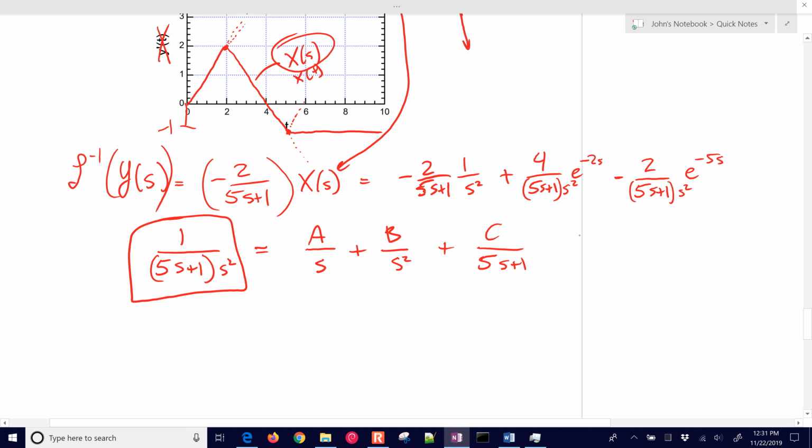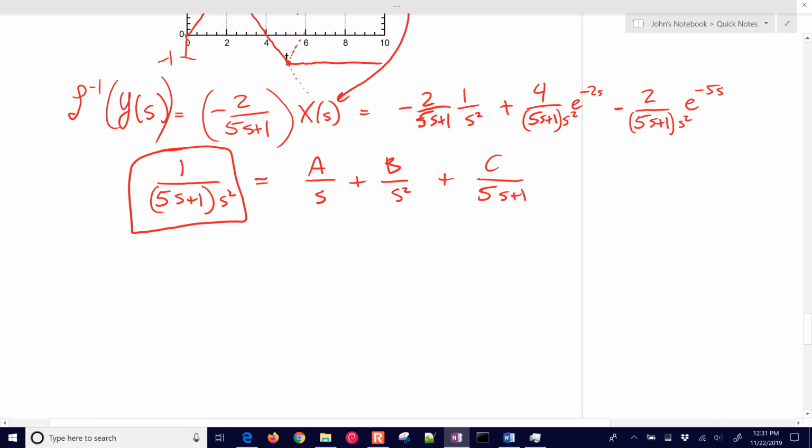Alright, so now I'll multiply it through first of all by the denominator, and then get it into the form 1 equals s times (5s plus 1) times a, plus (5s plus 1) times b, and then plus s squared times c.